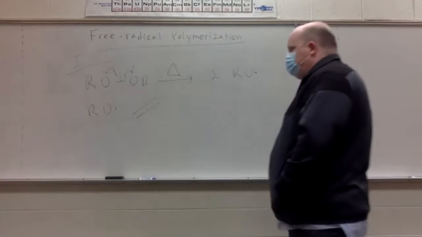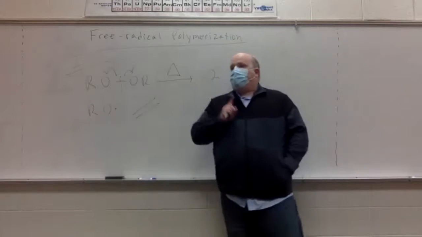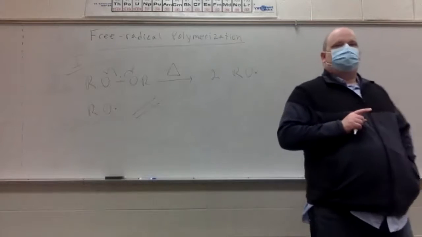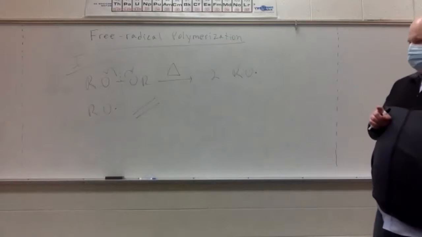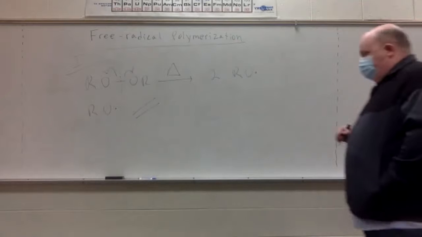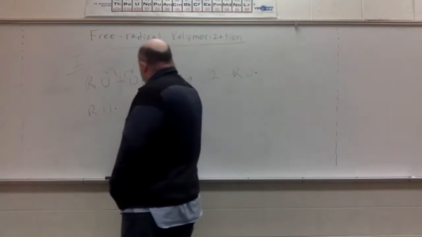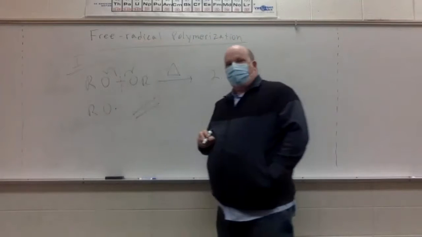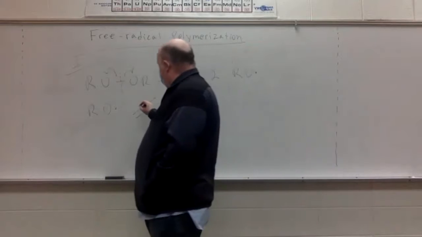It's actually not going to take an H. It's going to do something else. Think about what happened with the last reaction mechanism. It's going to break that pi bond, yeah. It's going to break the pi bond.